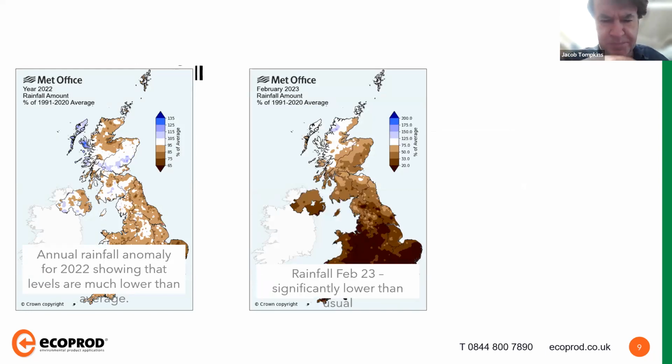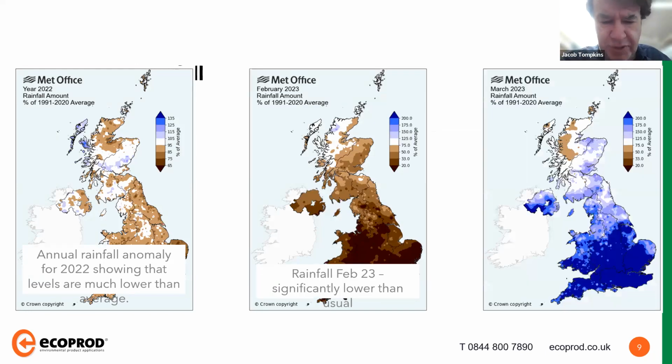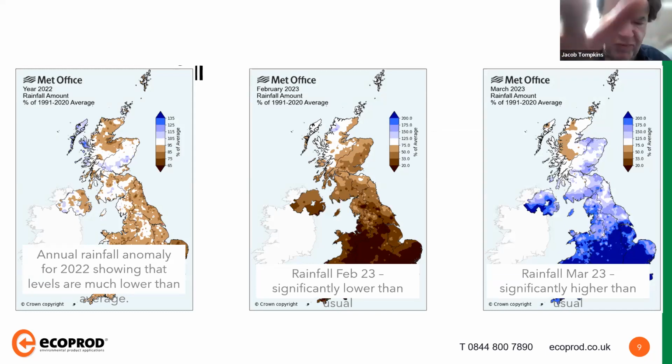Right, next slide. This gives you an idea of what climate change is doing and what volatility of climate means. The first slide is the rainfall anomaly for last year. The brown means a deficit in water. So there were very large areas, in fact pretty much all of the UK, apart from the very west of Scotland, that had much, much lower rainfall than normal.